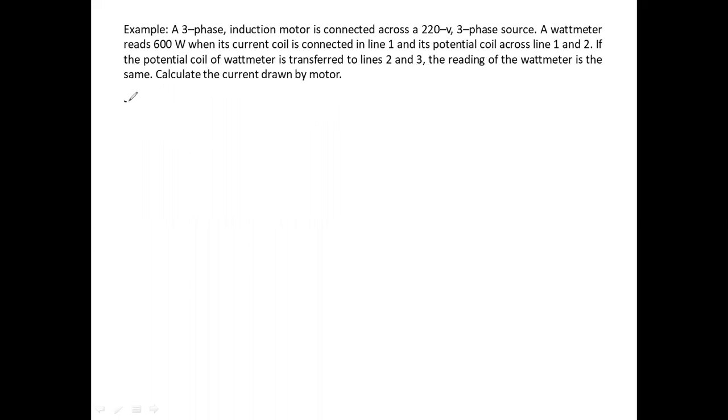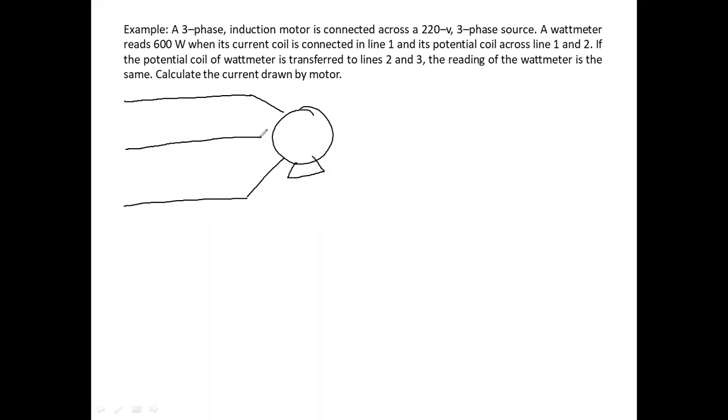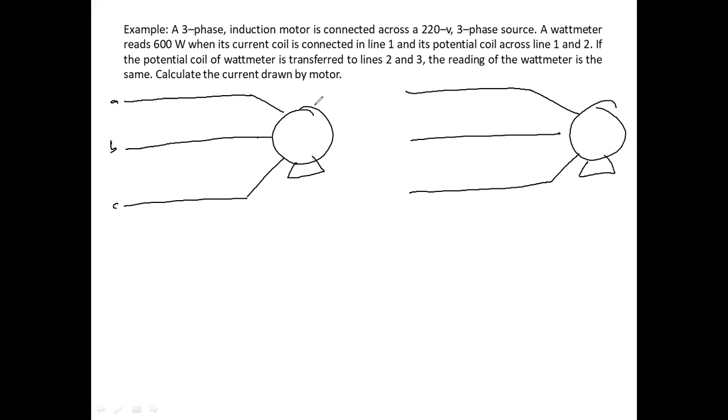To illustrate, we need to draw the given. We have here a three-phase motor, that is A, B, and C. And then for case 2, a three-phase motor again, A, B, and C. So this would be under case 1, and this would be case 2.